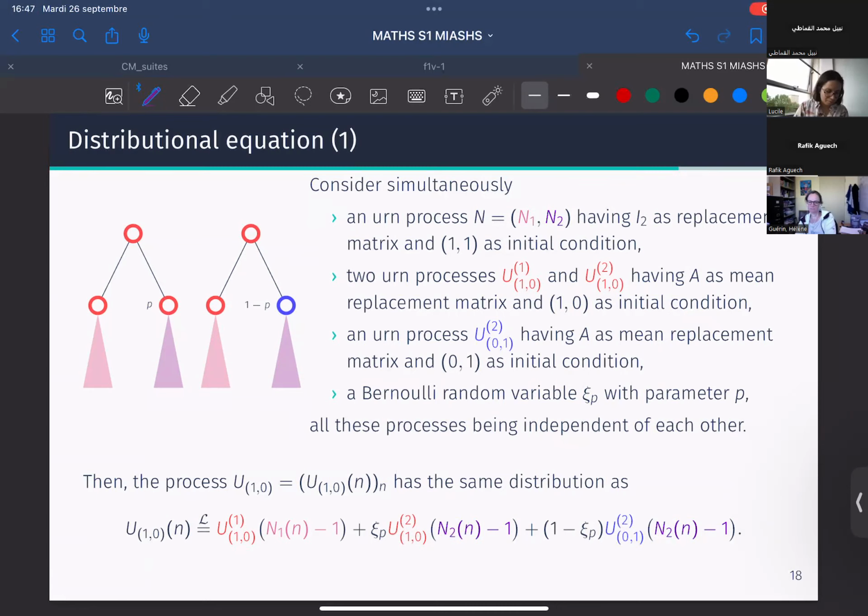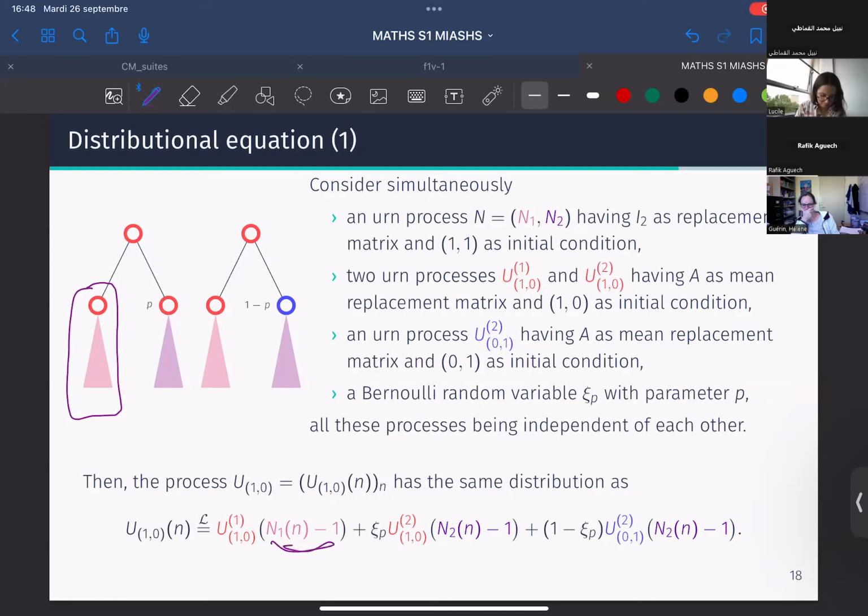So if we look at our polyurn at time n, started from one red ball, then it's the same thing as looking at a polyurn started from one red ball, but at time, well, the time is the number of balls on this side of the tree.